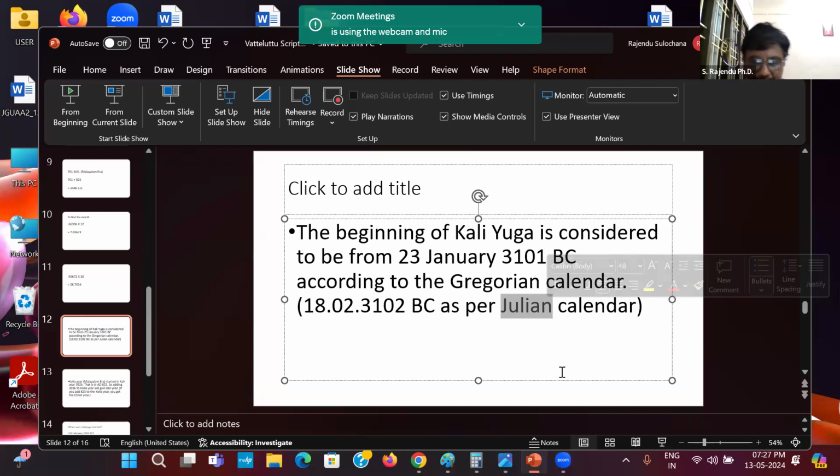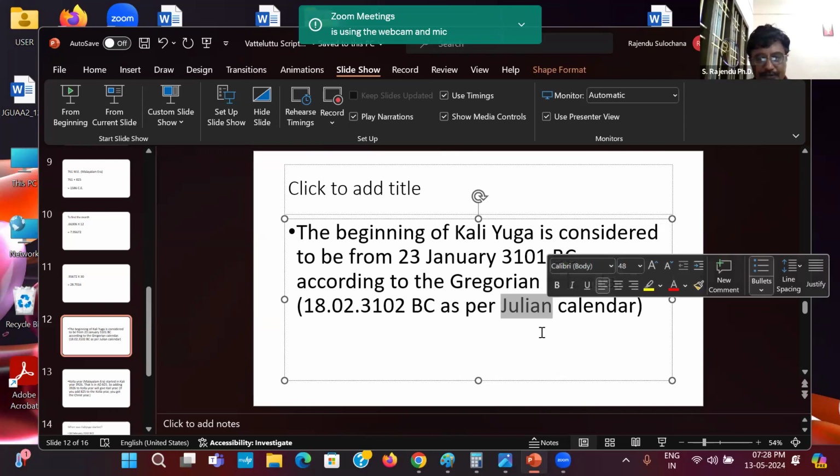Therefore, he adjusted it, and there are so many complications about the current system. Anyway, forget about that. The Gregorian calendar is what you are using, hanging on your walls. You can Google it and find out what it is.